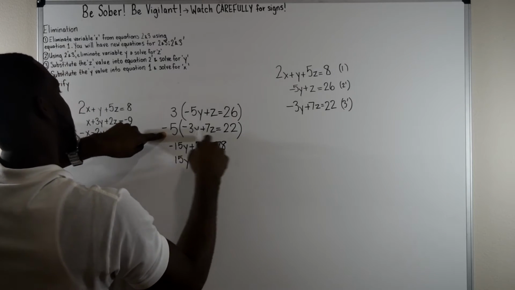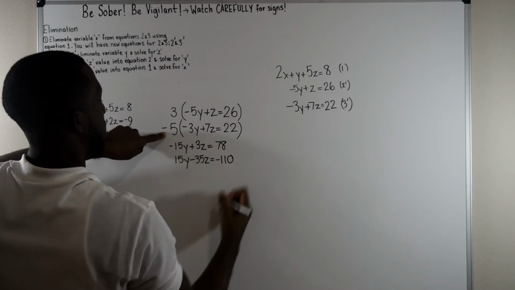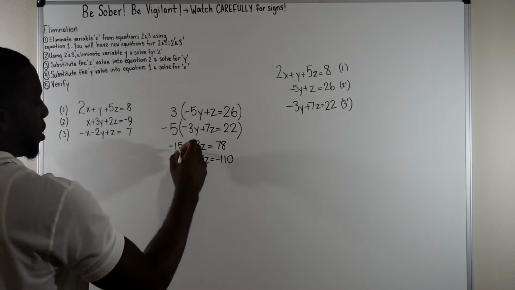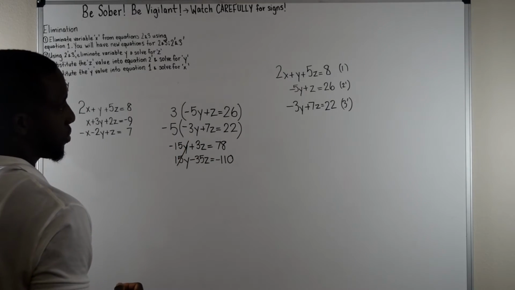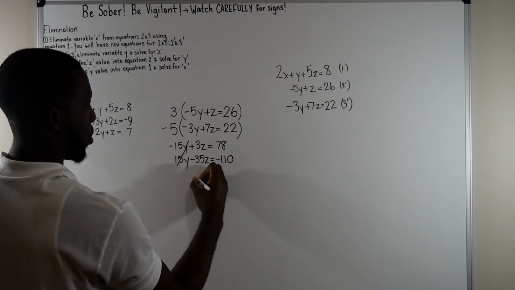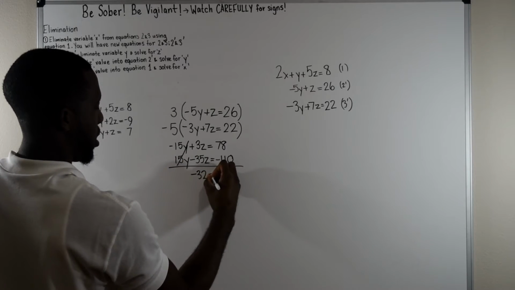And negative 5 times 22 is negative 110. Okay. Can you see? All right, good, we're good. All right. So this is gone right here. That's gone right there. And I'm going to get negative 32z.